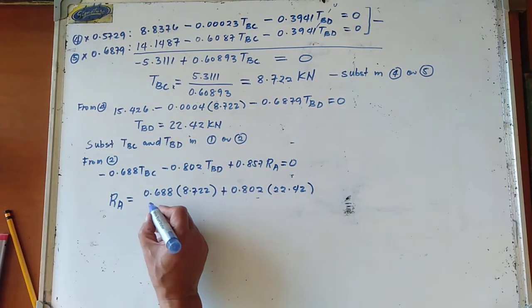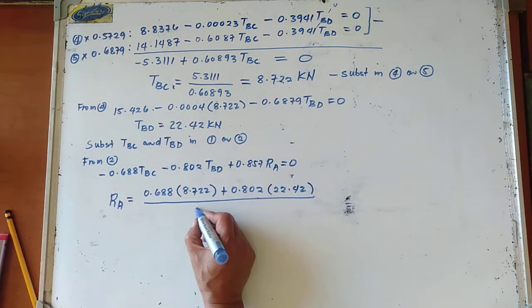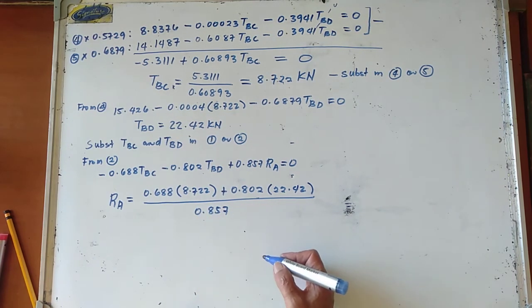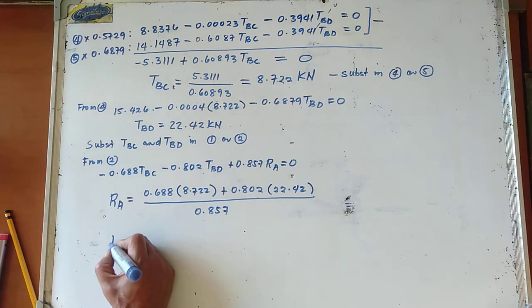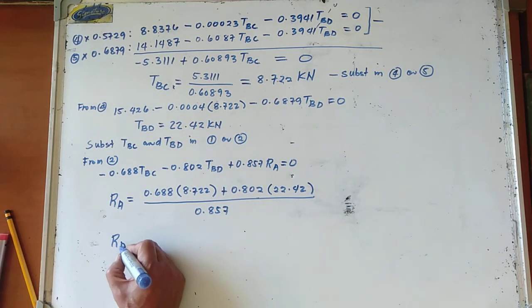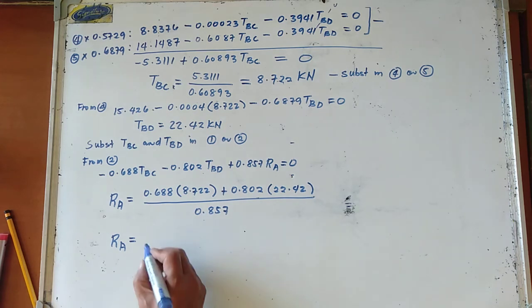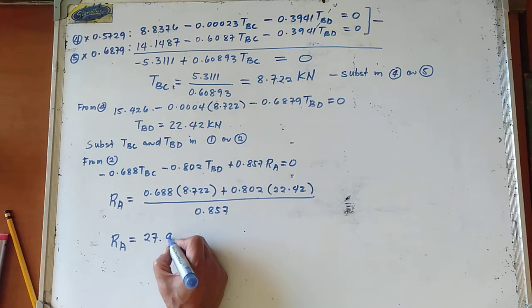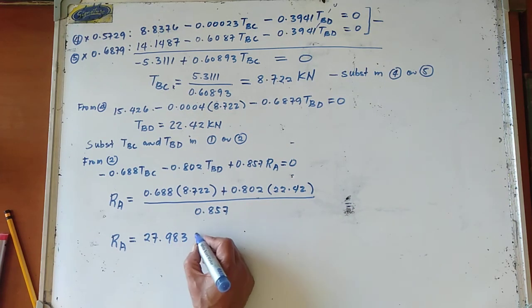Let us divide this one by 0.857. Hence, your RA is now equal to 27.983 kilonewtons.